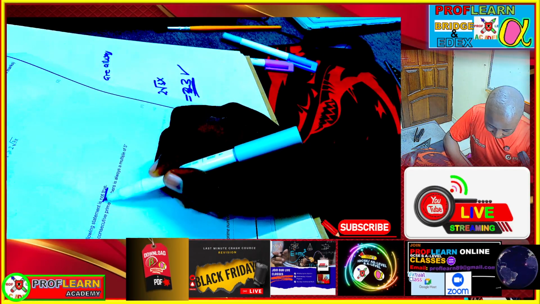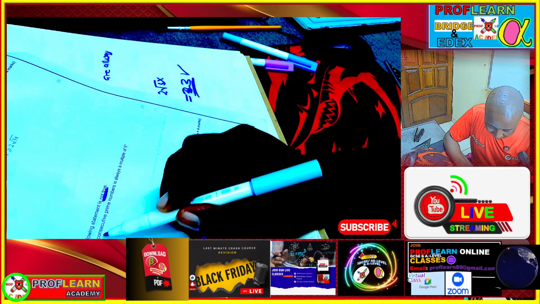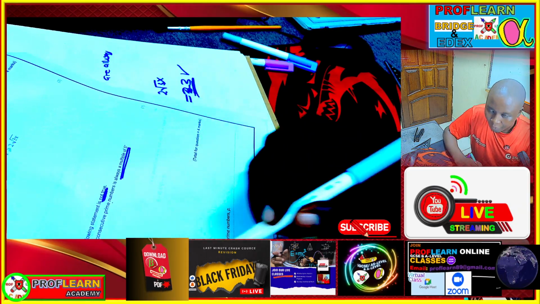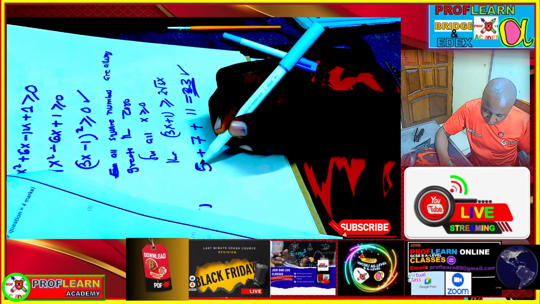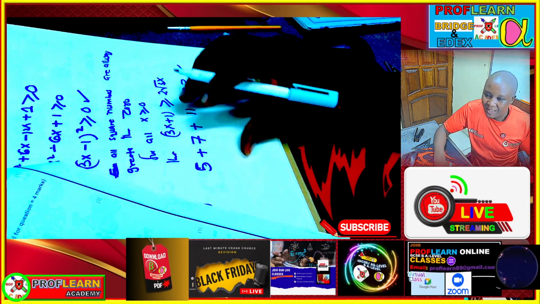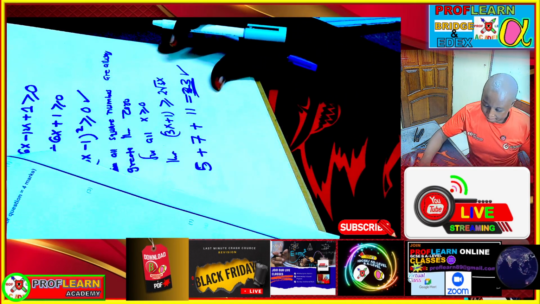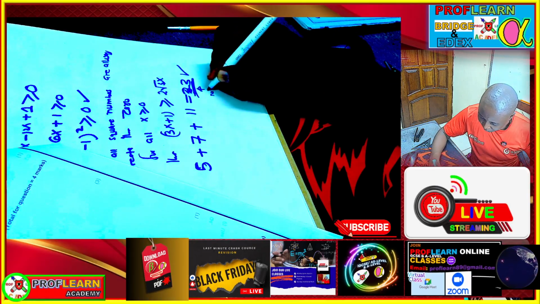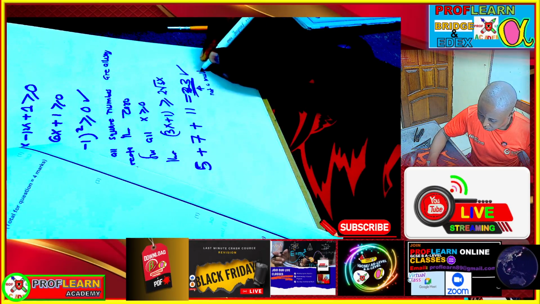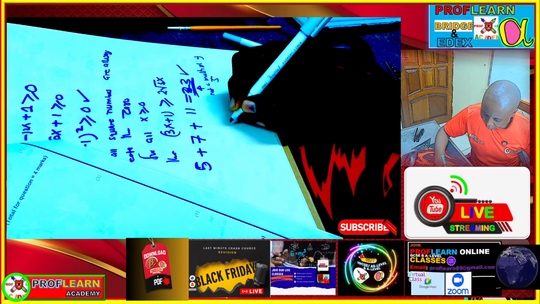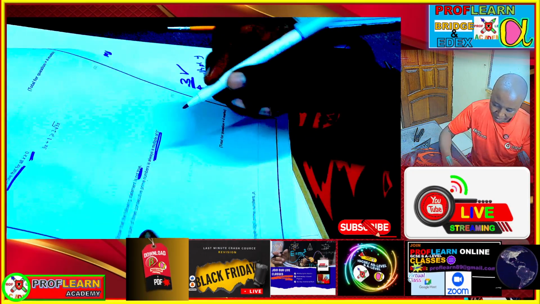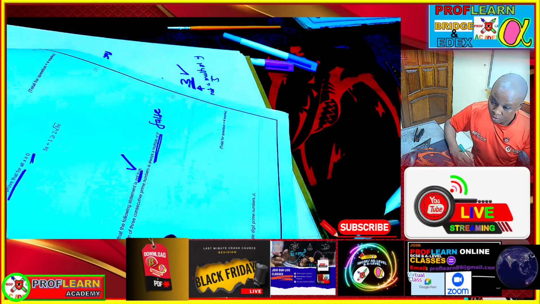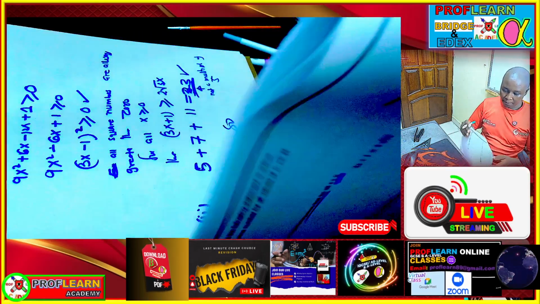We have chosen 5, 7, 11. These are 3 consecutive prime numbers. The sum is 23. Is this a multiple of 5? Not a multiple of 5. So the statement here is false. We have shown that it's not true by just giving an example there.